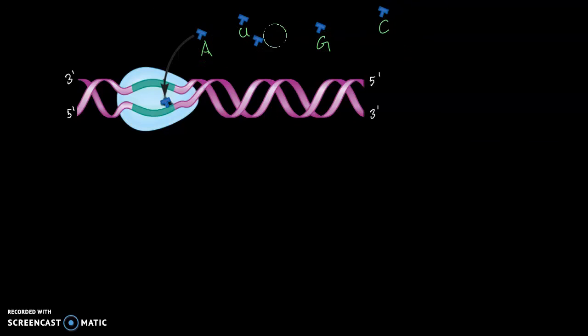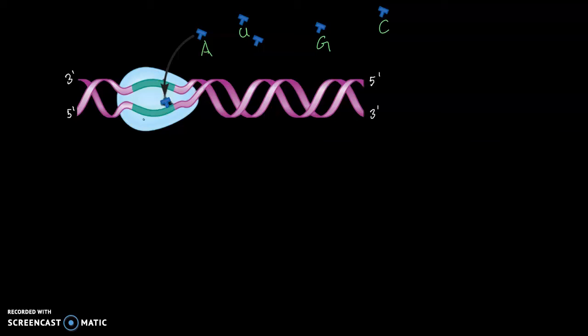These free RNA nucleotides are going to align themselves together, and they will be individually added to the new RNA strand that's going to be transcribed starting over right here. This is when we start seeing the beginning of RNA synthesis.